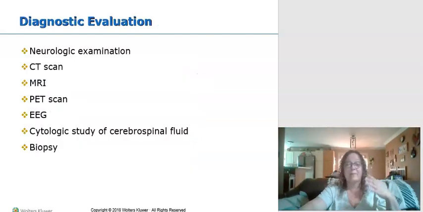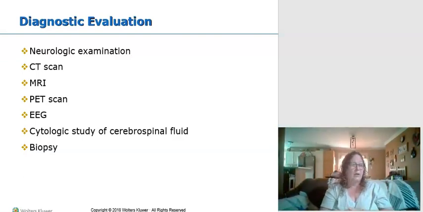Sorry, had a moment. Diagnostic evaluation, so history and physical, your neurological exam. They may do a CT, MRI scan to determine the location, PET scan, EEG. If they present with seizures, they'll do an EEG.